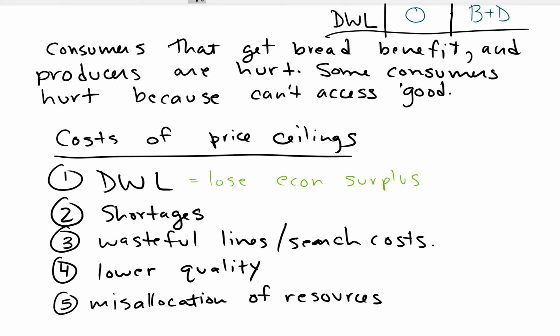So in fact, there might be people who have a lower value for this product who are able to get bread. And meanwhile, you have people who would be willing to pay more, but they can't get it because it's not available and it's not legal to pay more. So anyways, this example kind of summarizes everything. Go ahead and look ahead in the other videos for the other type of price control, which is the price floors.